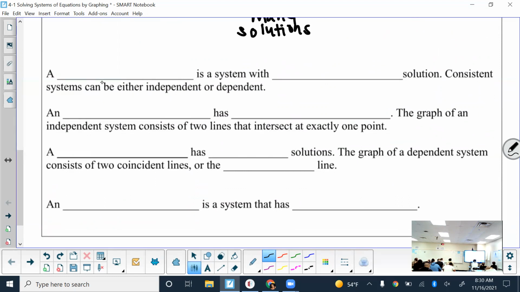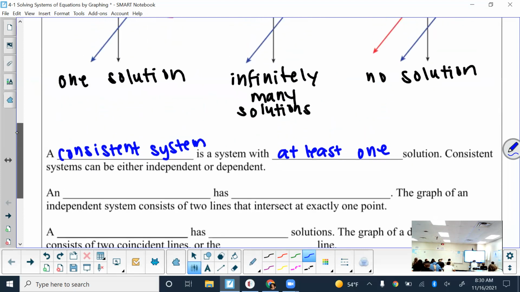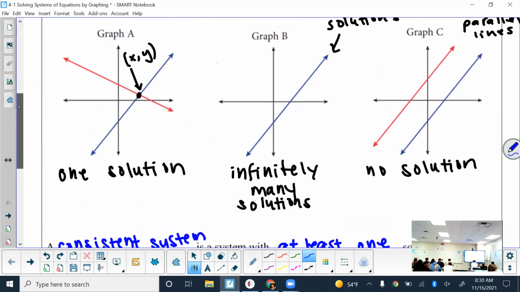So first we have a consistent system. A consistent system is a system with at least one solution. Consistent systems can be either independent or dependent. So scrolling back up here for graph A, B, and C, which of these are consistent?